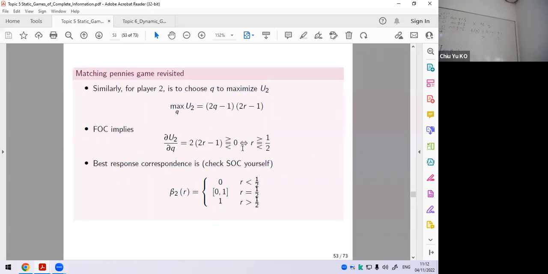When R is more than 1/2, it's positive, so you want to go to 1. So this is the result. When R is 1/2, anything is fine. When R is more than 1/2, it's 1, so it's exactly this.